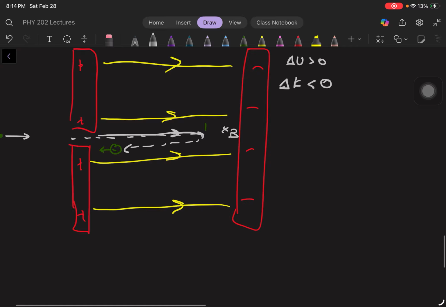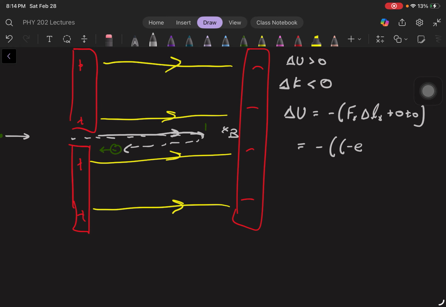And so we can do something similar where we look for delta U is equal to negative, we'll call this F sub x delta Lx. And then we're just going to say we know the other two are 0, right? No need to write that all out again. So we can say that's negative. And what's the force going to be?